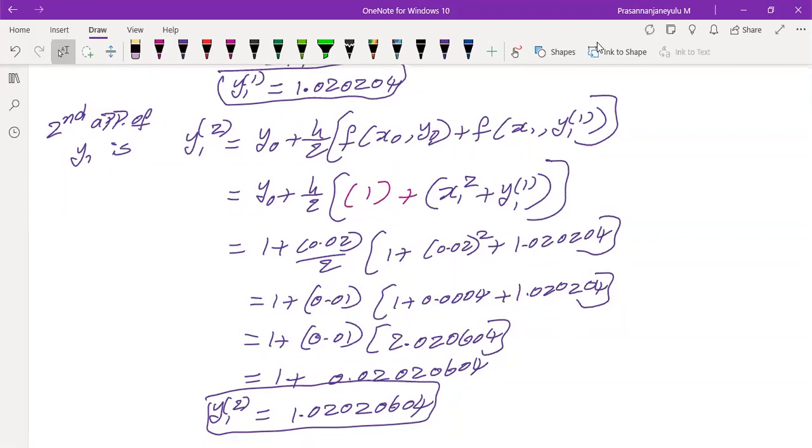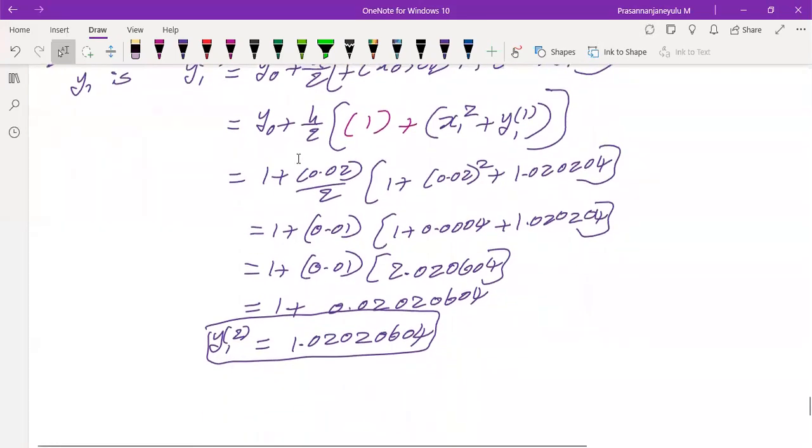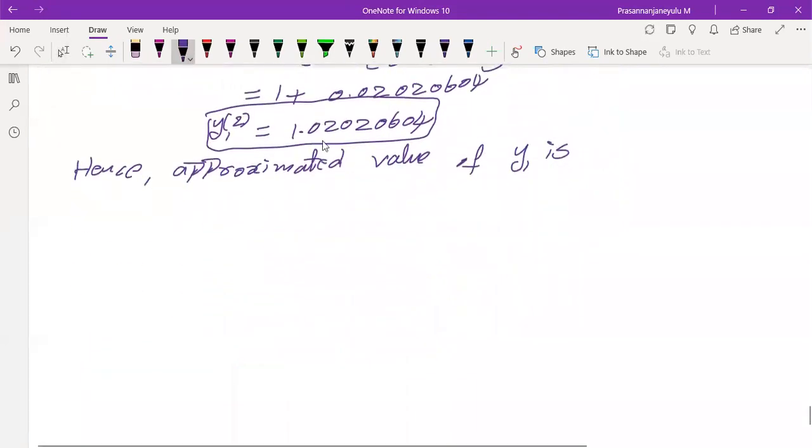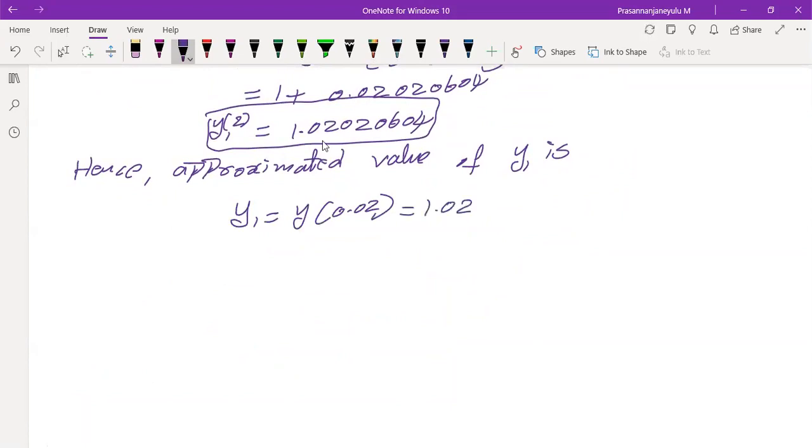So why should we go for more approximations? Hence assume the approximated value of y1, which is y of 0.02, equals 1.02020604. Okay, so we got only y1.